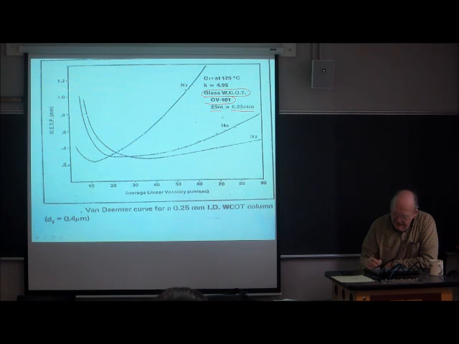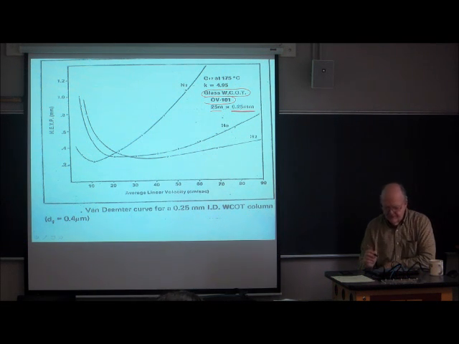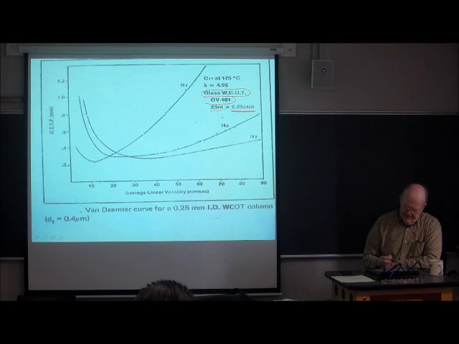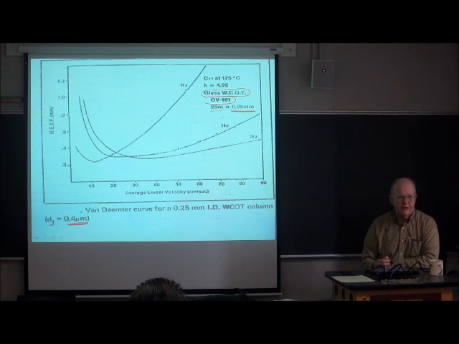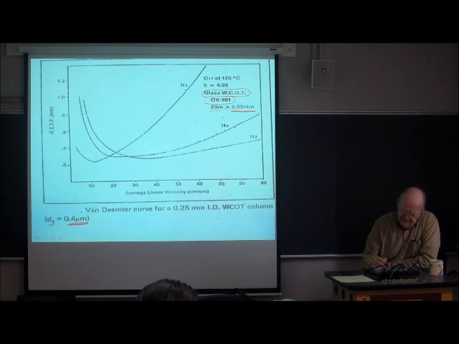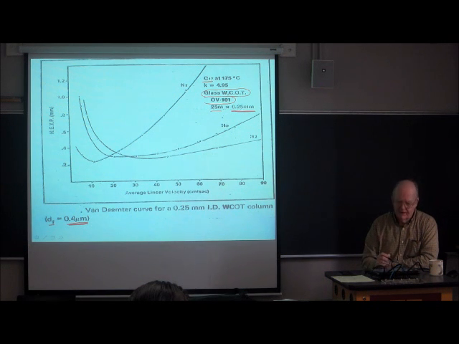The ID of the capillary is 0.25 millimeters. The film thickness, this OV-101 thickness, is 0.4 microns. That's a very thin film. Very, very thin film. The analyte here is heptadecane. Column temperature is 175 degrees.